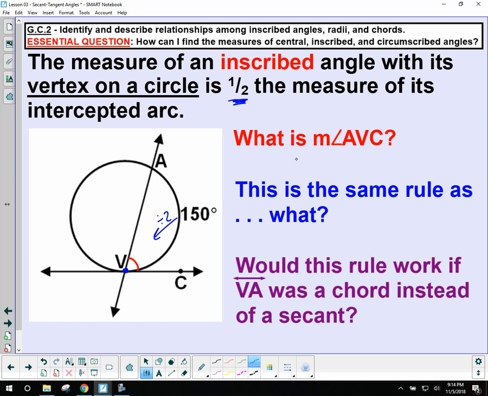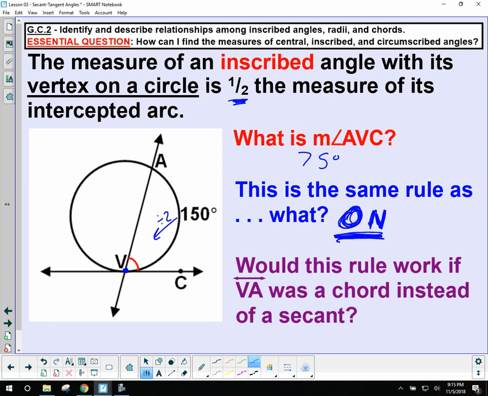This is the same rule as what? Again, that on the circle. I can't stress how much you need to figure out where these vertices are. That's how I know these rules. It's on the circle, so you're either doing half or times 2.